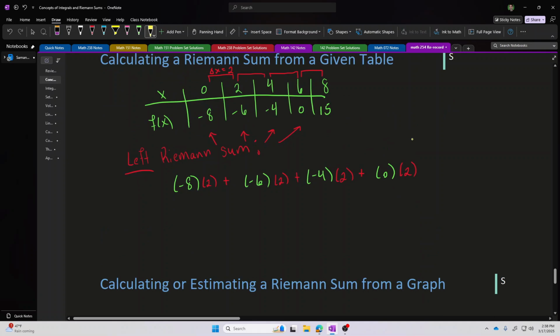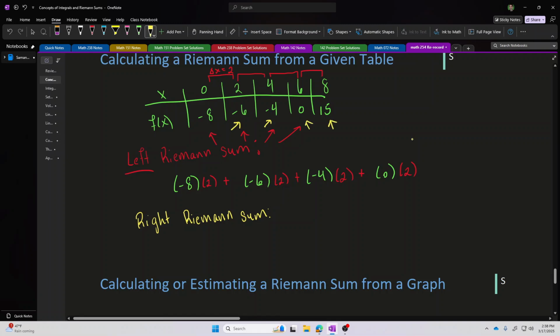If instead someone asked you for the right Riemann sum, or for a Riemann sum using right endpoint values, I would do exactly what I did before, except I would use the output values on the right end of each subinterval.